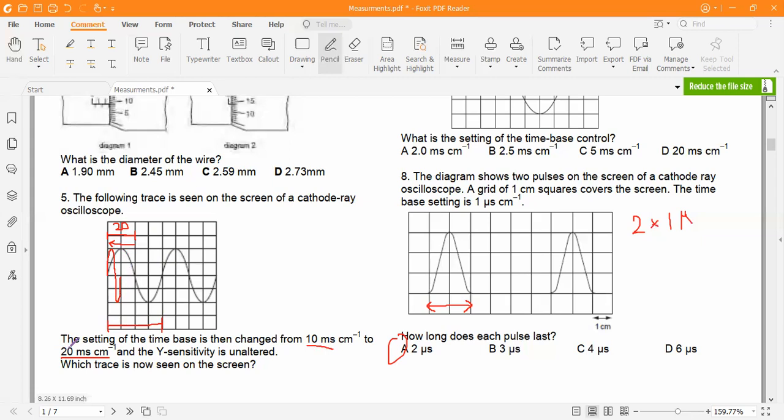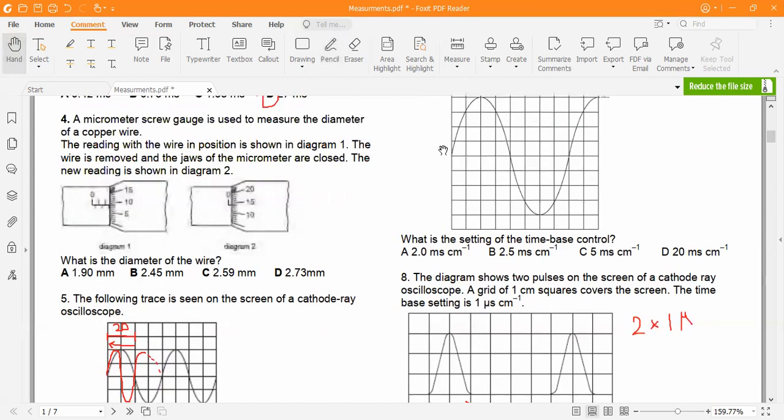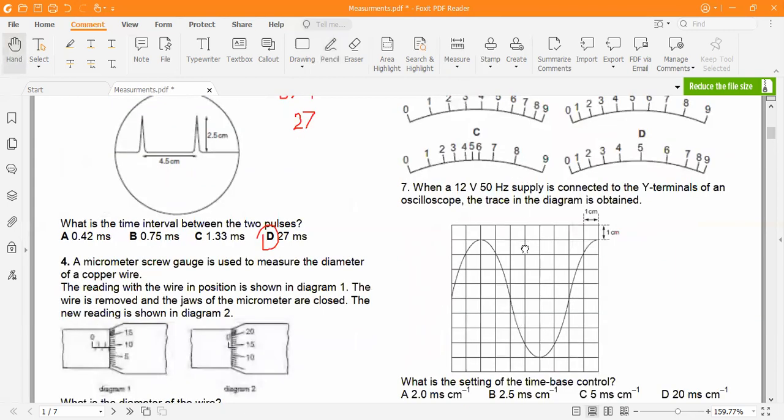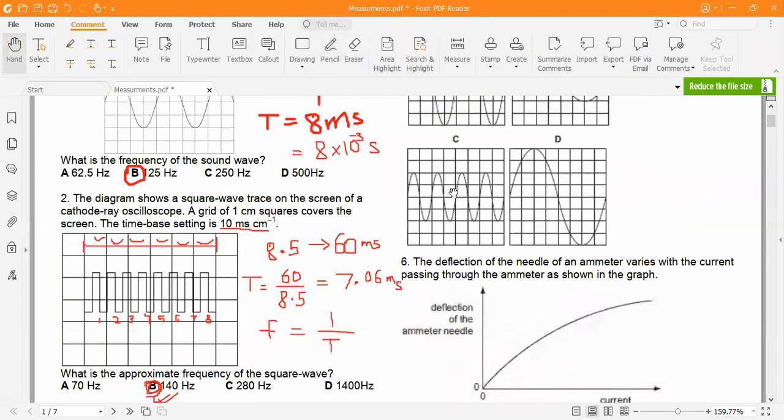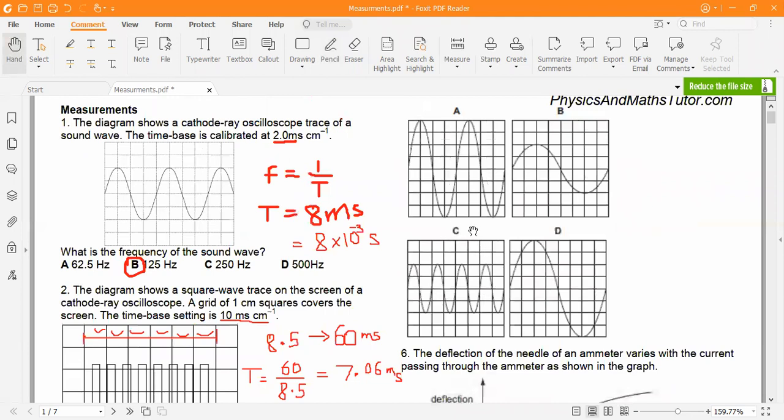But right now it is 20, so we don't need to draw it. In this case, our graph will basically look like this, and so on. Now we'll look at the options and see which one is the closest. You can see that obviously it is C. C is the closest to the one that we have drawn. So we'll go with option C.